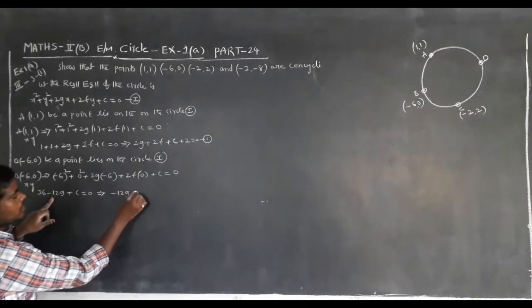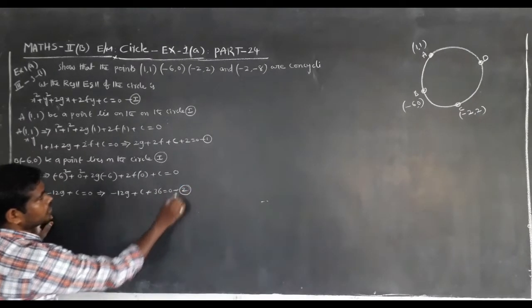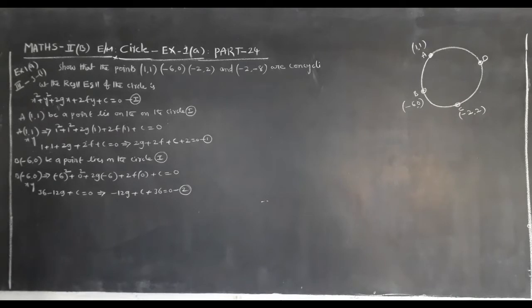So -12g plus c plus 36 is equal to 0. This is the condition number 2.